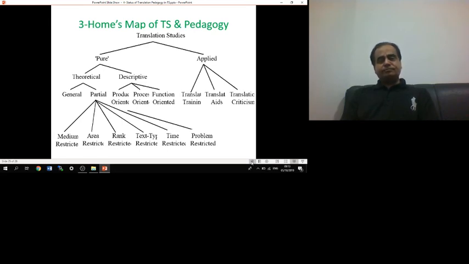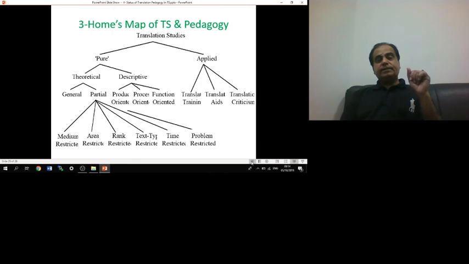Now put your finger on the right side, applied. And if I say here is the translation pedagogy, does this mean that this is the only place of translation pedagogy in translation studies? This is very, very important to understand. The answer is no. Why?